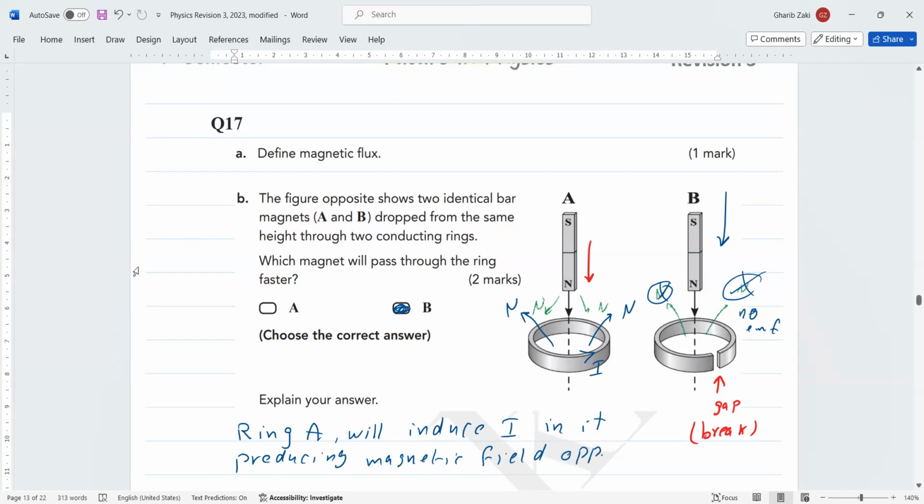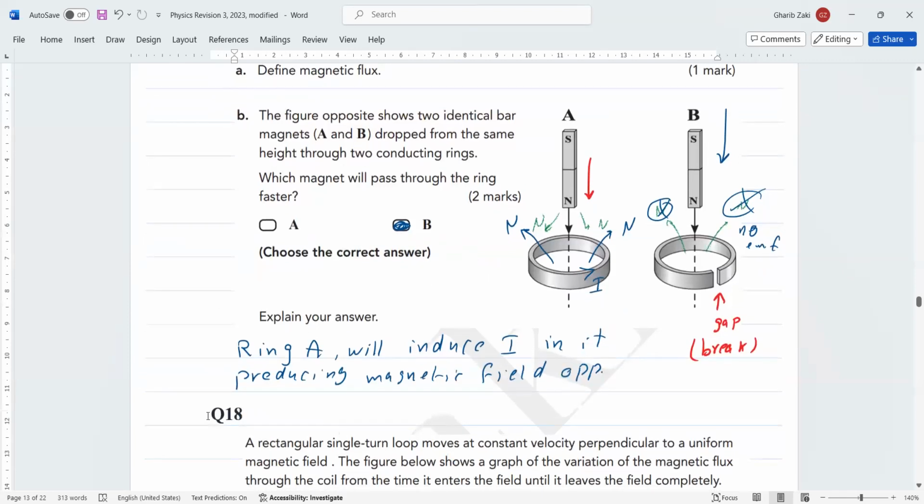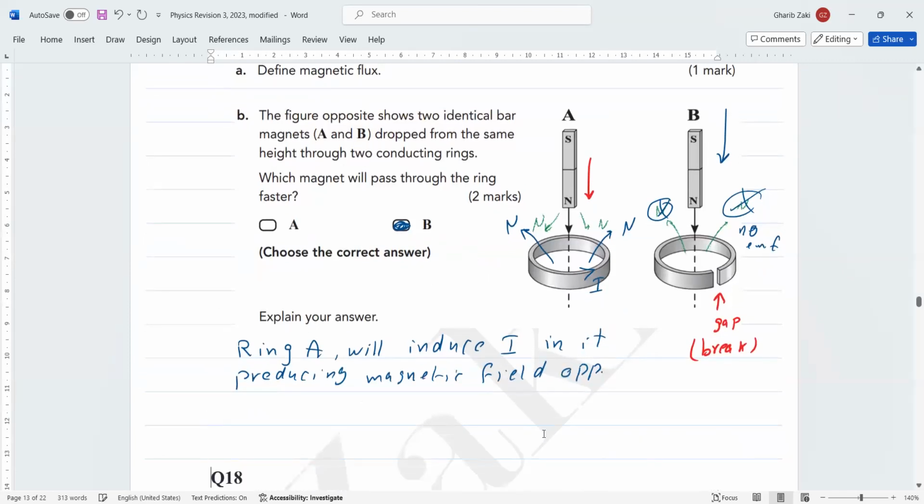But ring B has a break, so no current is induced. You understand the trick of that question? It has 2 marks or 3 marks in the exam.